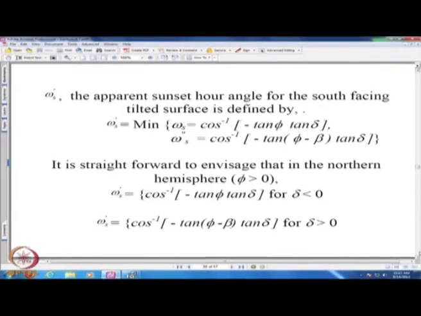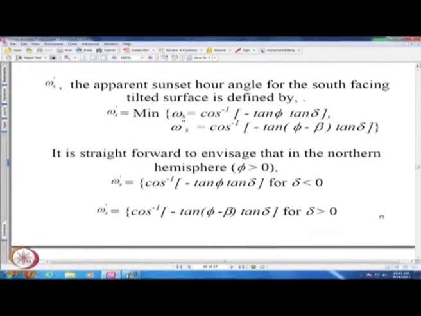In other words, when delta is positive, the surface receives a part of the day's duration of the sunshine, whereas in winter, or rather if declination is negative, it receives all the time the sun is above the horizon. So, this is an advantage of negative declination, though in general the duration of the sunshine is smaller.